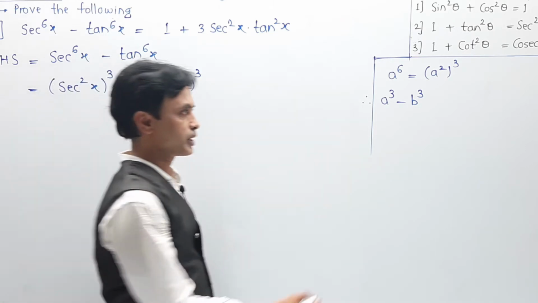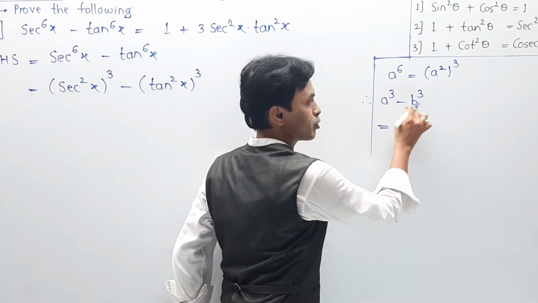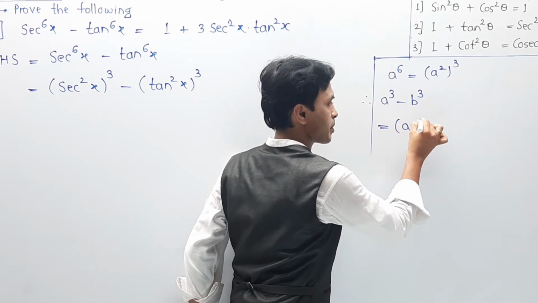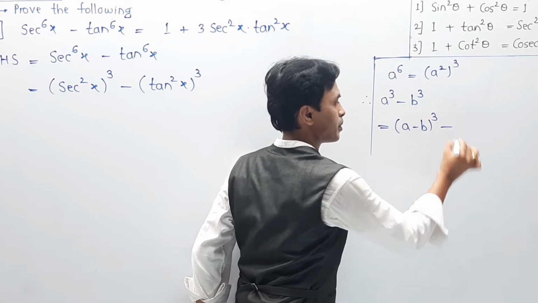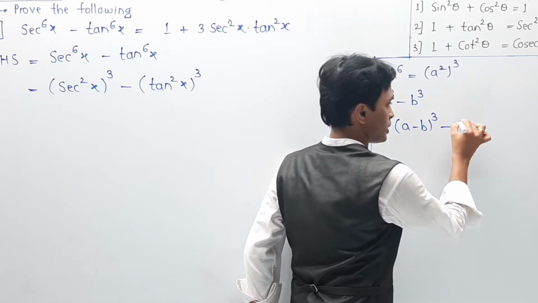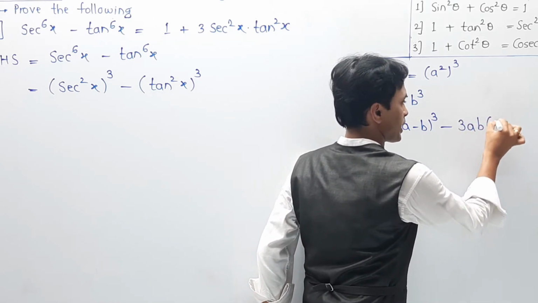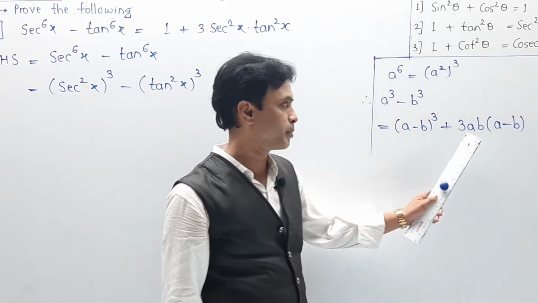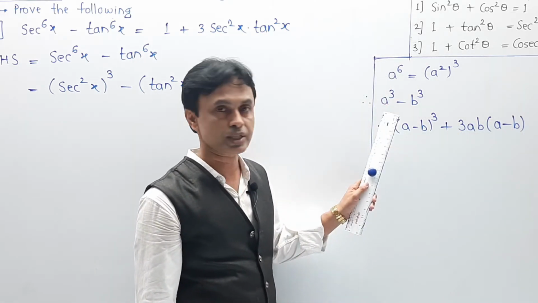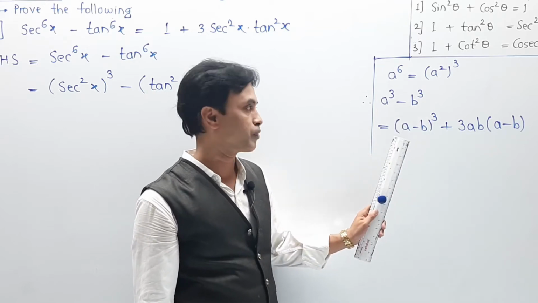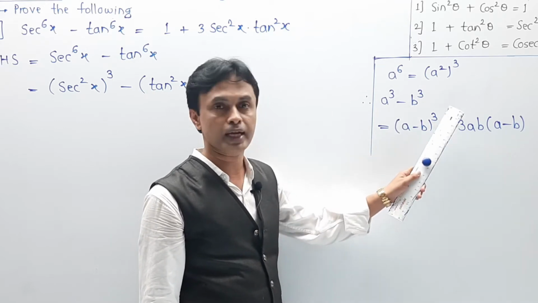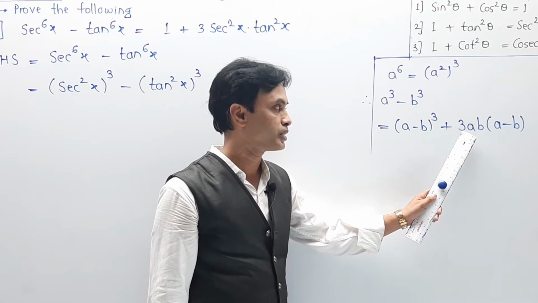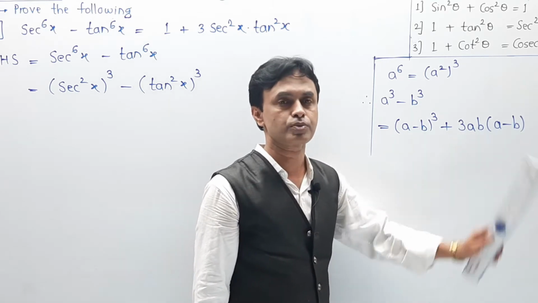Among them, the first method is, you can write a cube minus b cube as a minus b bracket cube plus 3ab into bracket a minus b. Once again, a cube minus b cube, the factor is a minus b bracket cube plus 3ab into a minus b.